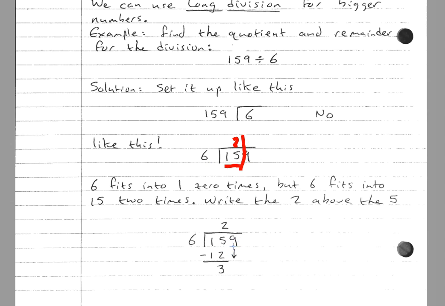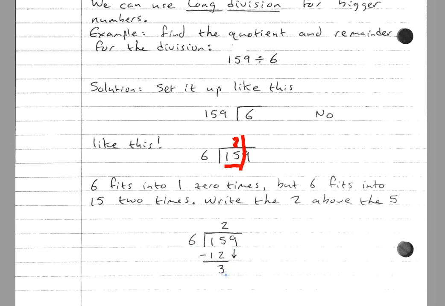Next step, 2 times 6 is 12, and subtract that 12 from the 15. It's like we're getting what's left over. That's going to be 3. Okay, so those steps are making sense. 6 fits into 15 twice, and 2 times 6 is 12.